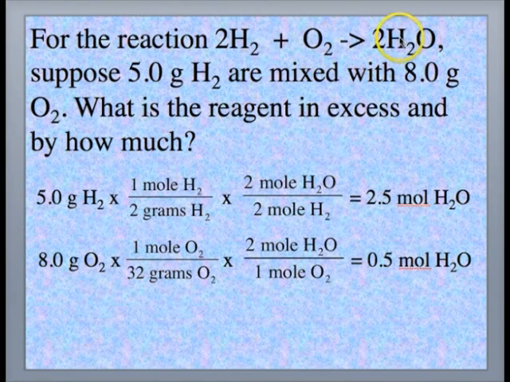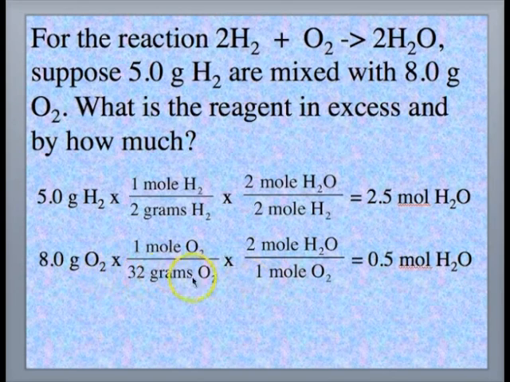We make a ratio with that relationship, putting moles of oxygen in the denominator, so it will cancel with moles of oxygen in the numerator here. So we'll be left with moles of water in the numerator. When we multiply all this out, 8 times 2 divided by 32, we'll end up with 0.5 moles of water as the amount of water formed on the basis of oxygen.